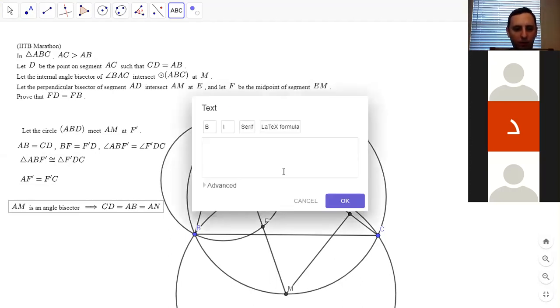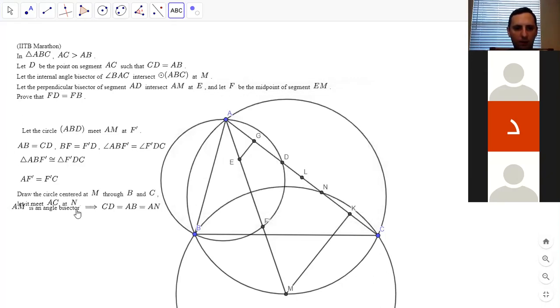So draw the circle centered at M through B and C. Let it meet AC at N. And then by symmetry, since AN is an angle bisector, AB is equal to AN.